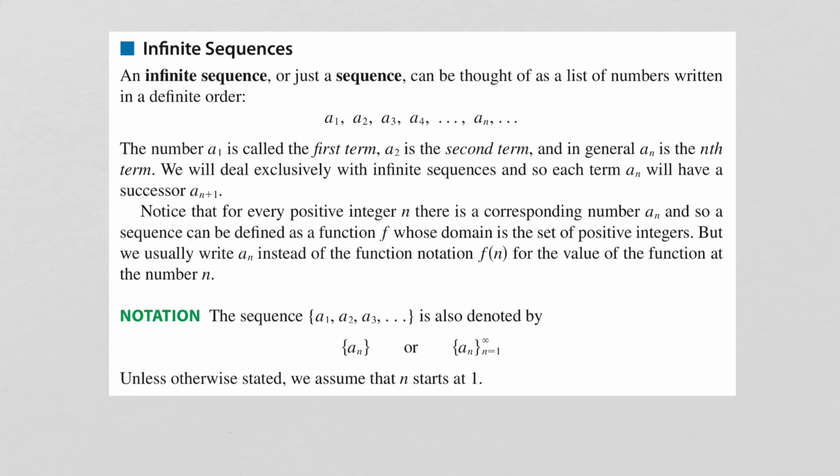An infinite sequence, or just a sequence, can be thought of as a list of numbers written in a definite order. The notation we use is a letter such as A with subscripts.